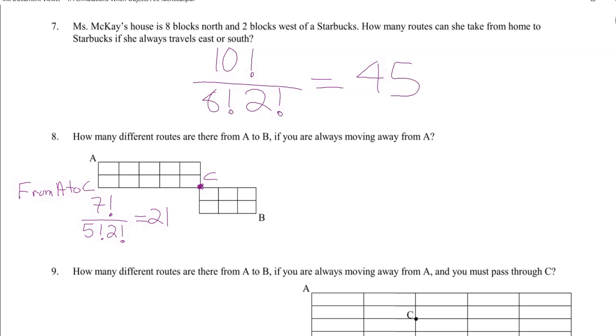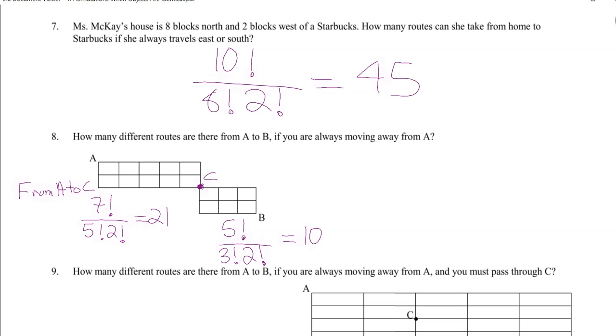And then you've got to go from C to B. So you're going 1, 2, 3, 4, 5 over what? 3 factorial, 2 factorial, which is, if it's still the same as it was up there, 10.